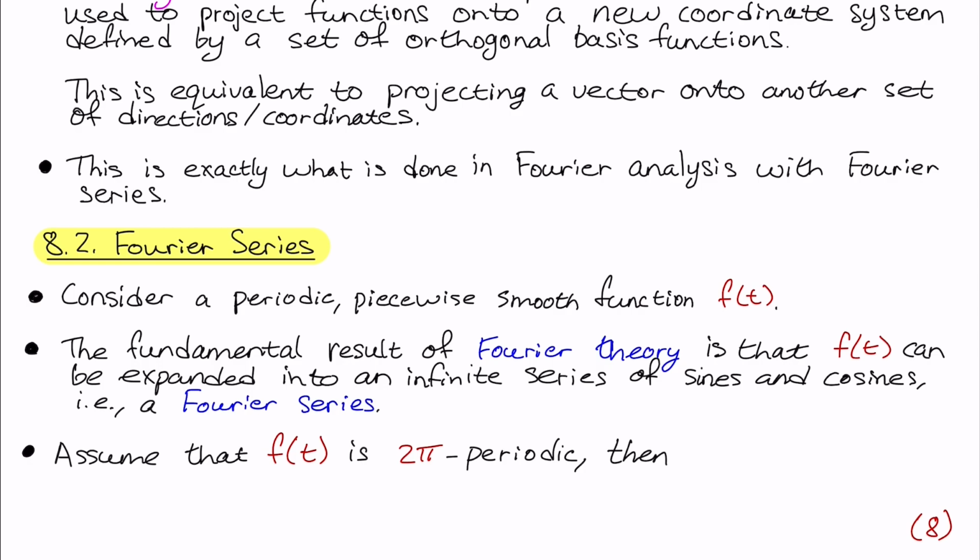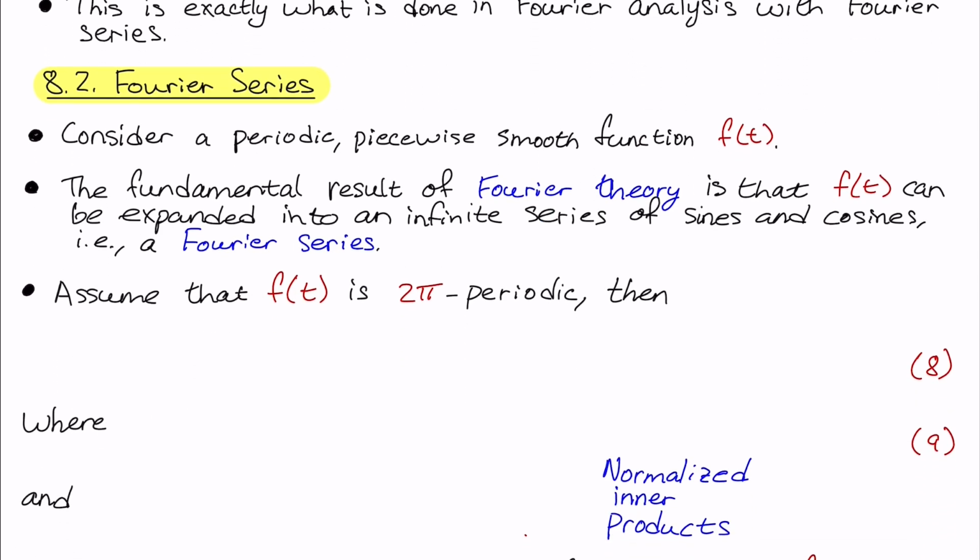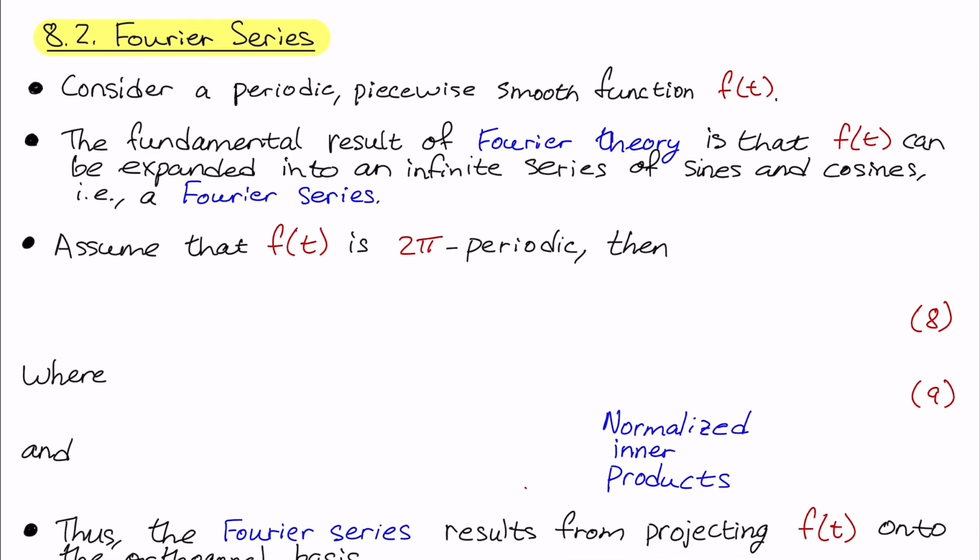All right, so we're going to consider a periodic piecewise smooth function, f of t. Given such a function, the fundamental result of Fourier theory is that we can expand this function f of t into an infinite series composed of sines and cosines, i.e. a Fourier series. I think probably everyone has seen this before, but we're just going to go over it so that everyone's on the same baseline. First we're just going to assume that f of t is 2 pi periodic.